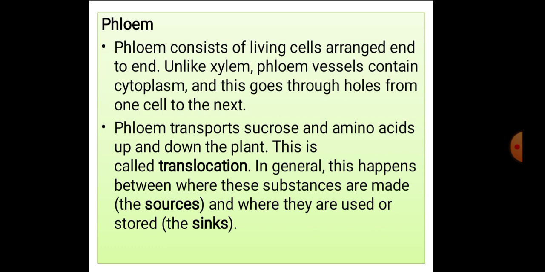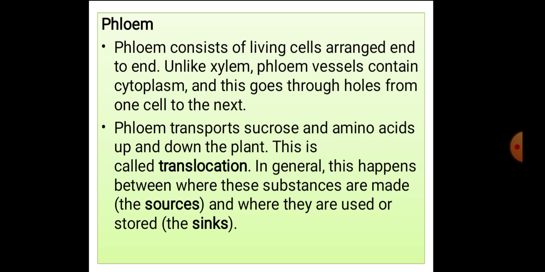The companion cells are specialized parenchymatous cells which are closely associated with sieve tube elements. Phloem parenchyma is made up of elongated, tapering cylindrical cells which have dense cytoplasm and nucleus.